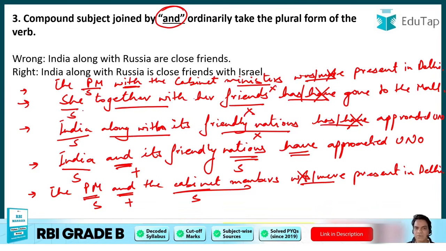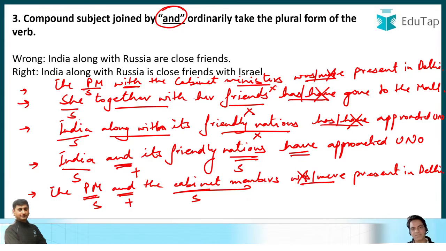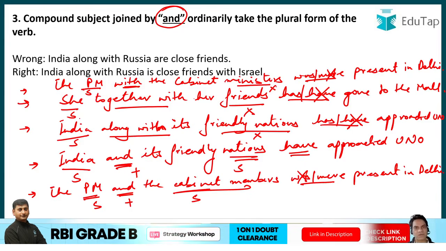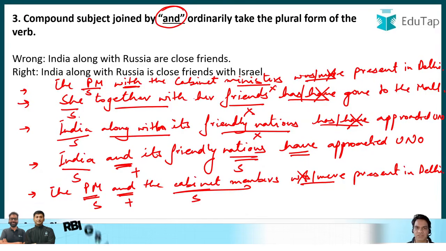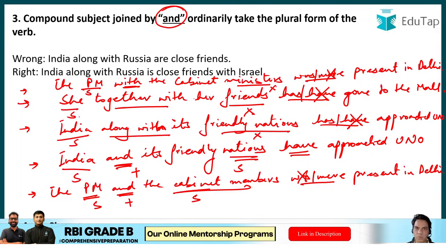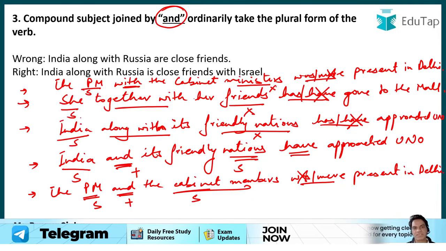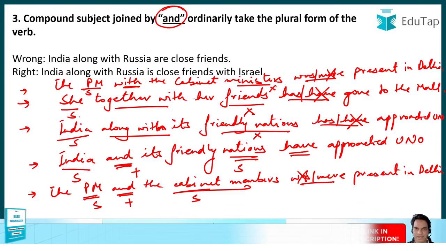And if the first noun is singular, the verb will be singular, and if the first noun is plural, the verb will be plural. That is the concept. So in the entire English language, who has the ability to make two nouns the subject, guys? "And" has it. There is only one word which is "and", which has the ability to create two subjects in a sentence, and that conjunction is "and". Right?